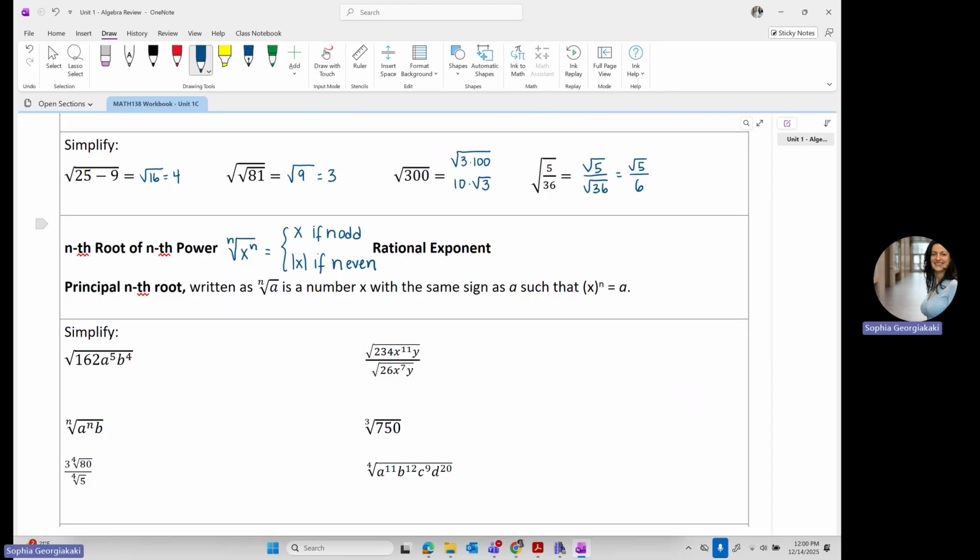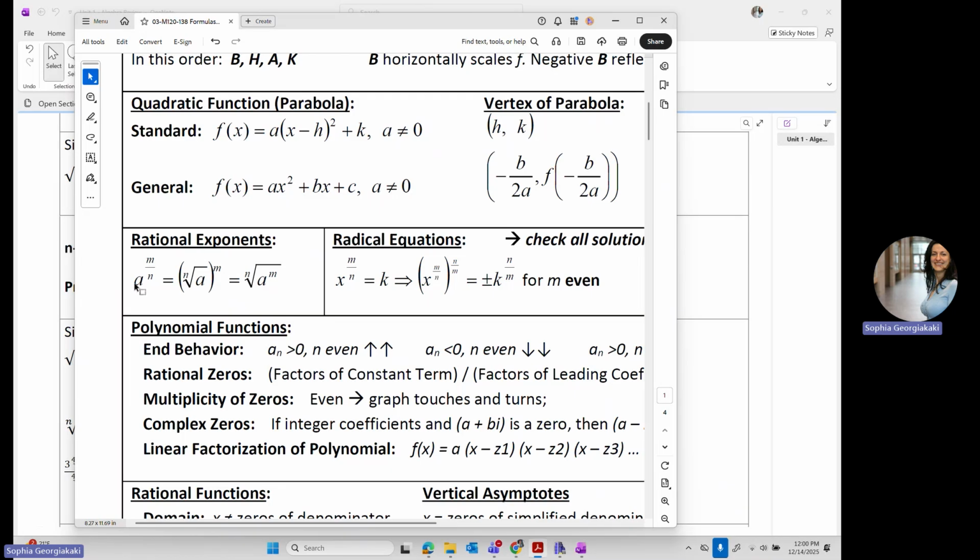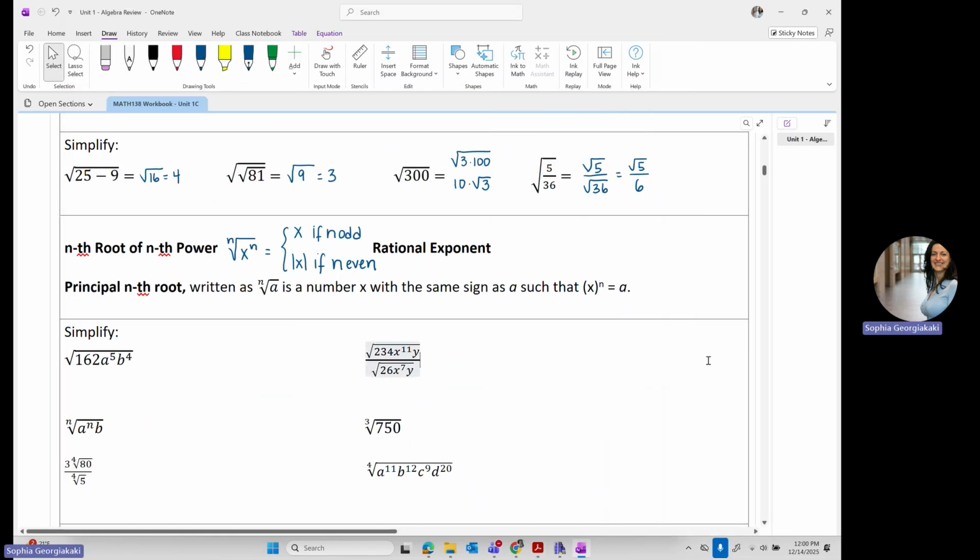So a rational exponent, and again, that is in our formula packet, says that if I have a base to the m divided by n, then the denominator is the index of the root, and the numerator is either the power of m itself or the power of the root. So it's the same thing.